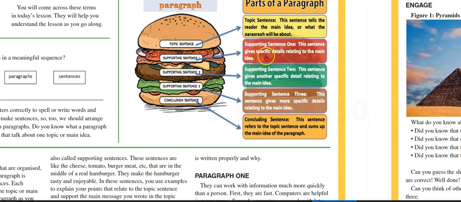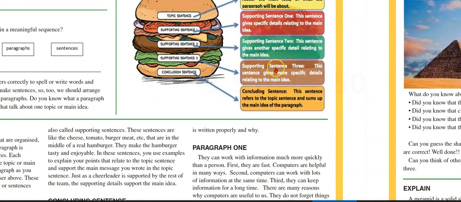This sentence gives specific details relating to the main idea. Supporting sentence 2. This sentence gives another specific detail relating to the main idea. Supporting sentence 3. This sentence gives more specific details relating to the main idea. Concluding sentence. This sentence refers to the topic sentence and sums up the main idea of the paragraph.